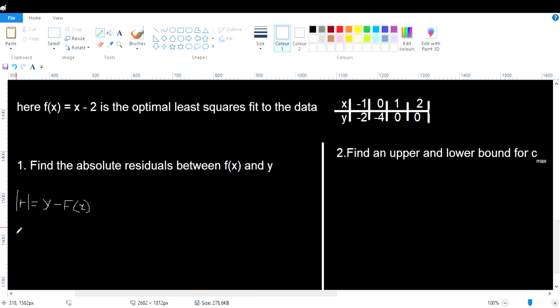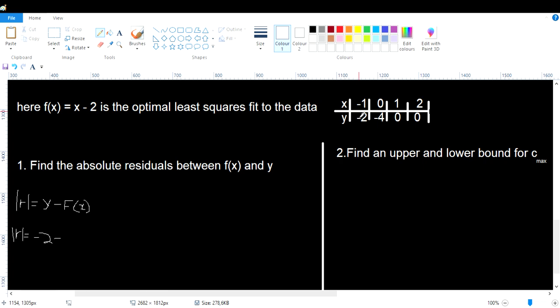So here let's find r. Y is minus 2, then minus. Then here let's substitute the value of x.